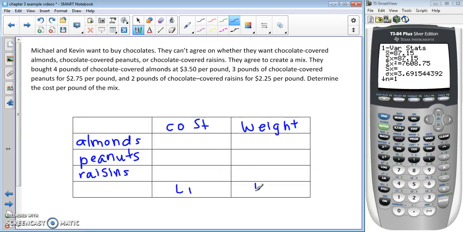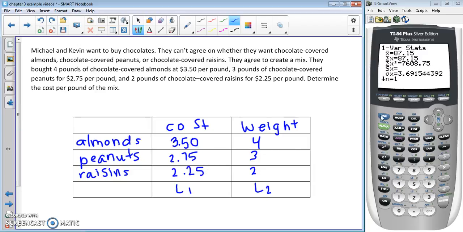So there's an L1 and the weight's an L2. The almonds were $3.50 per pound, and we bought 4 pounds. Bought 3 pounds of chocolate covered peanuts, and those were $2.75. And then 2 pounds of chocolate covered raisins, and those were $2.25.